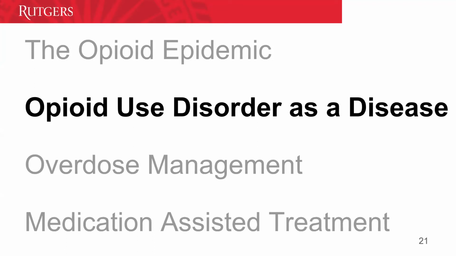The second main area we will discuss is the disease aspect of opioid use disorder. It's important to recognize substance use disorders not as moral failures or weaknesses, but as a disease similar to other chronic diseases like diabetes and hypertension.